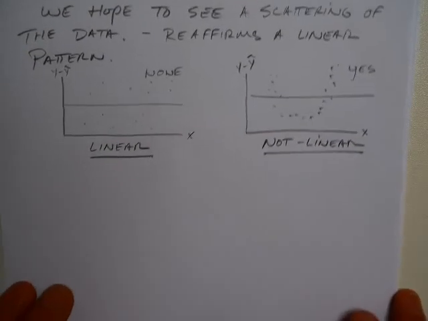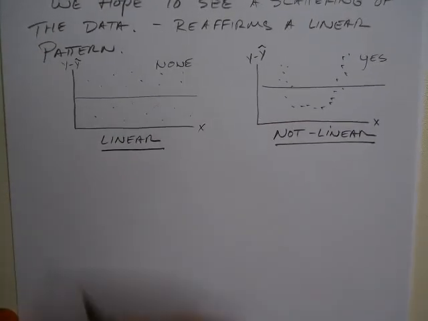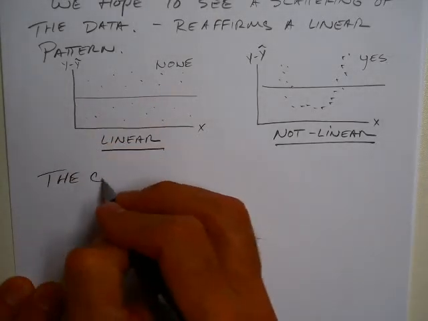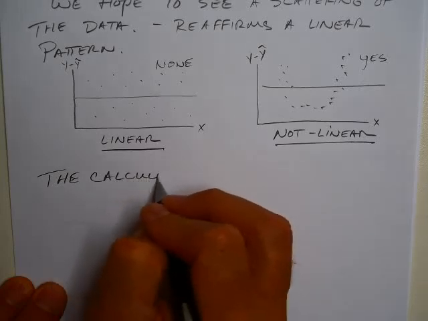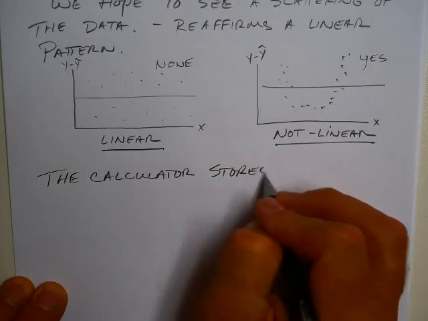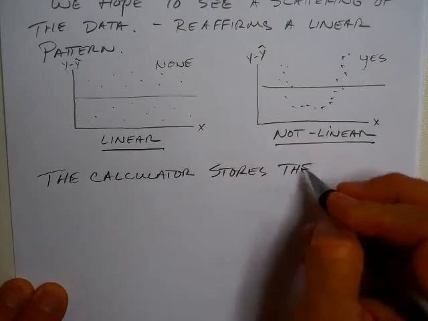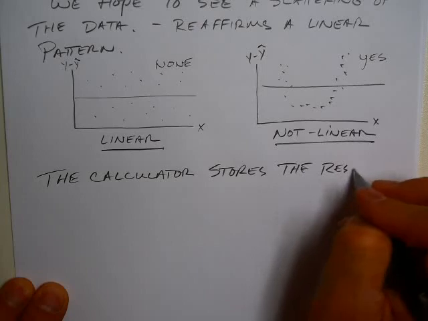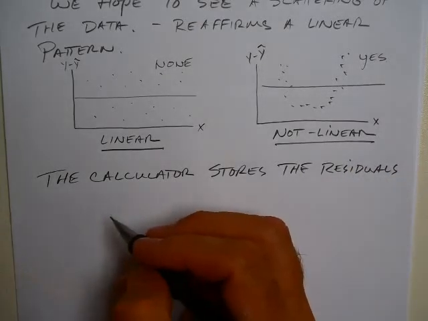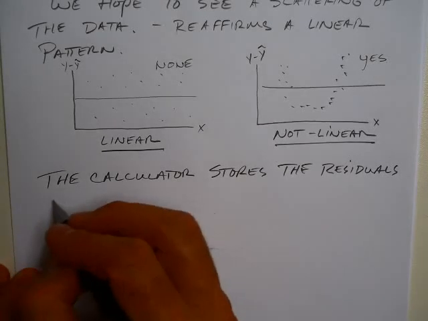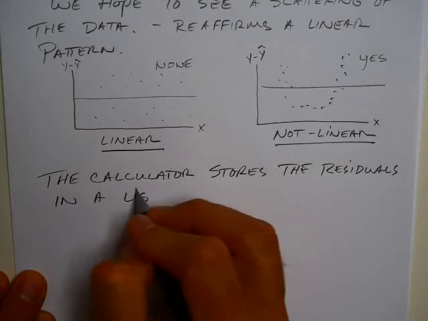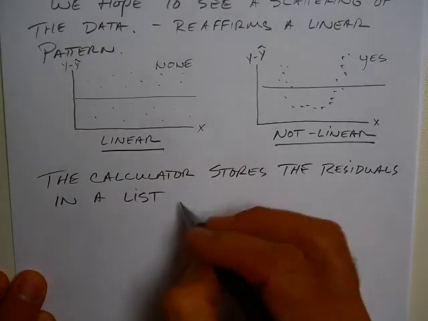All right, the calculator actually stores the residuals in a list. You don't have to calculate each of these residuals. The list is called resid.